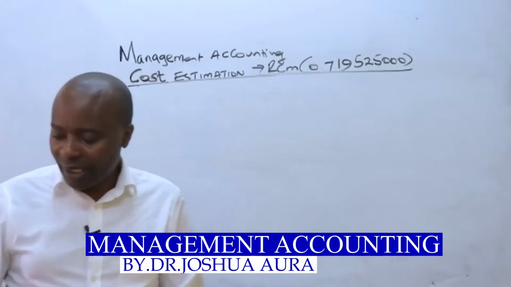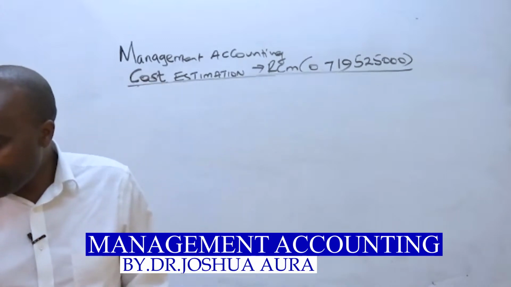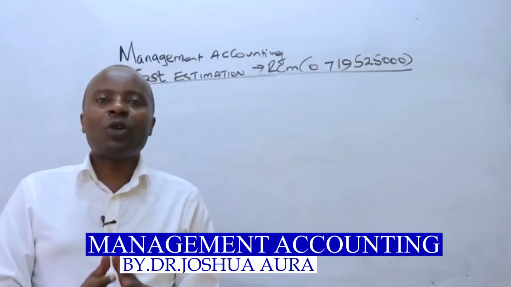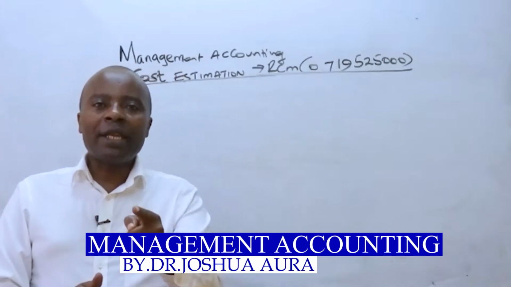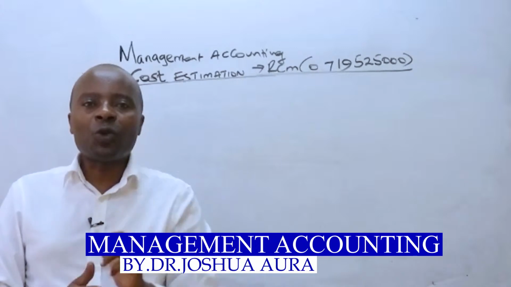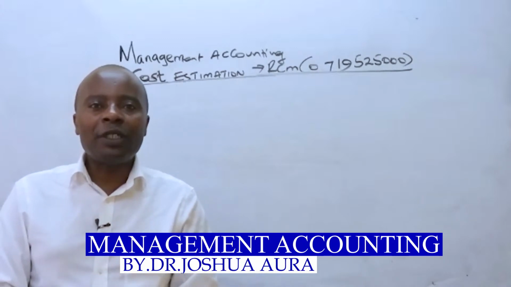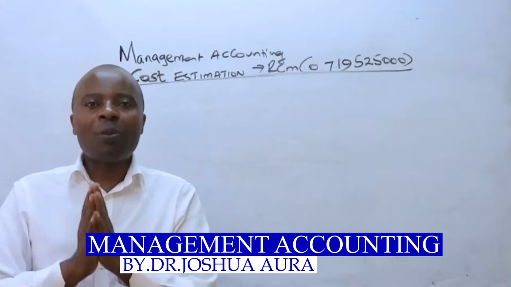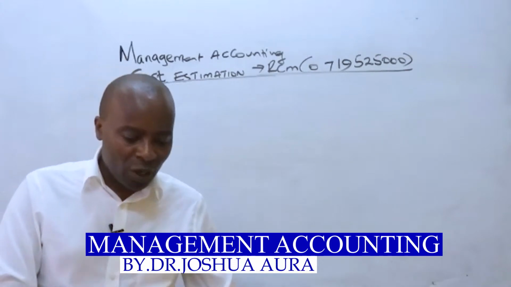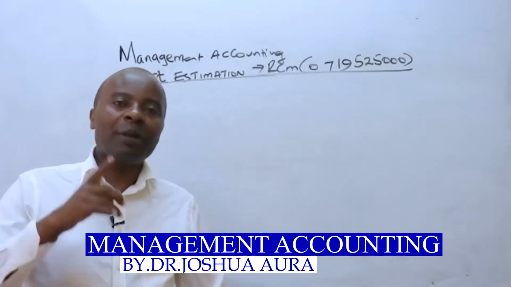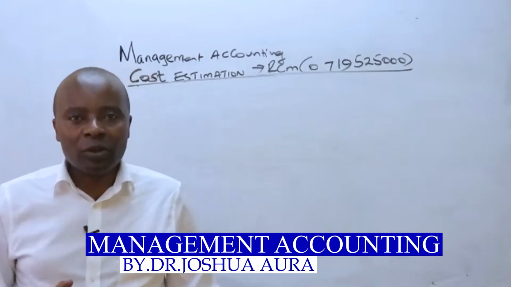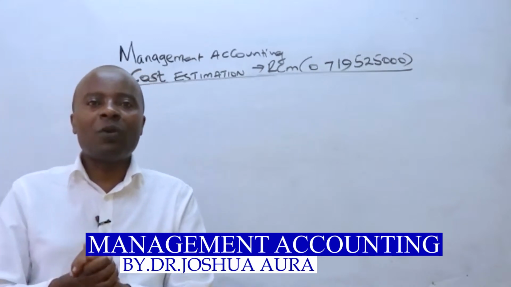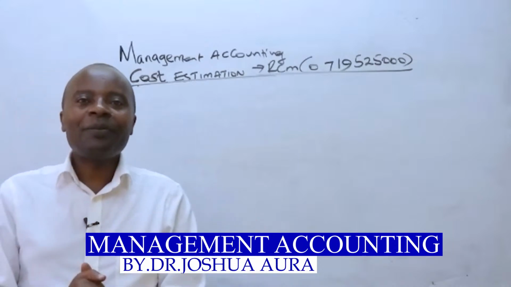So, ladies and gentlemen, basically what is cost estimation? Cost estimation entails determining expenses that we're going to incur in advance. Saying that, for instance, right now we are in the month of April, but I should be able to see far as a management accountant and say that in December, the production cost will be like 30 million.